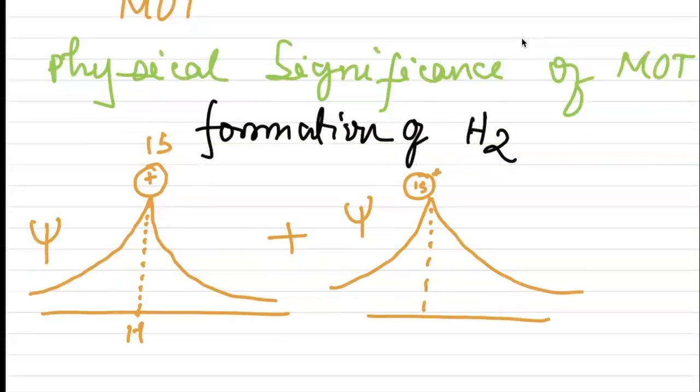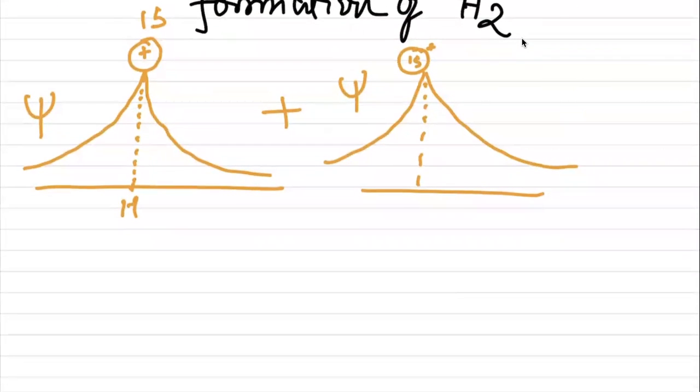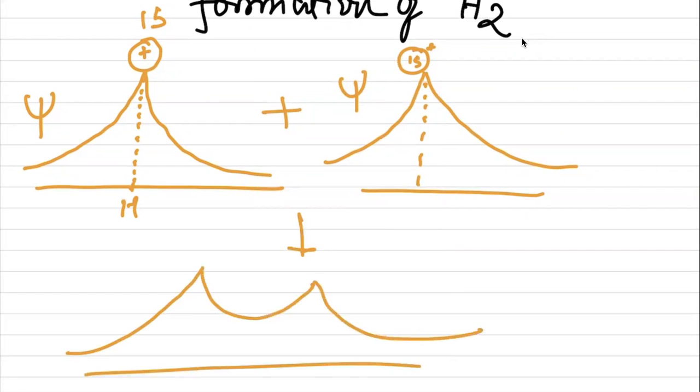When these two mix, that means constructive interference takes place, then what happens? Then the graph becomes like this. This is sigma 1s.